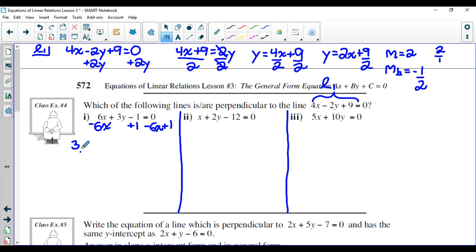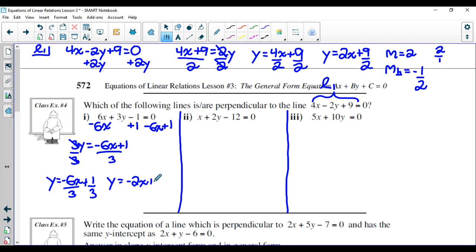and then get rid of that negative 1 by adding 1 to both sides, and then I would have 3y equal to negative 6x plus 1. To get y isolated, divide both sides of the equation by 3. That gets rid of the 3's on this side, and then you'd have y is equal to the first fraction, negative 6x over 3, plus the second fraction, that term divided by the denominator, 1 over 3.